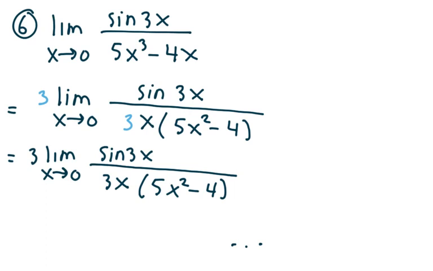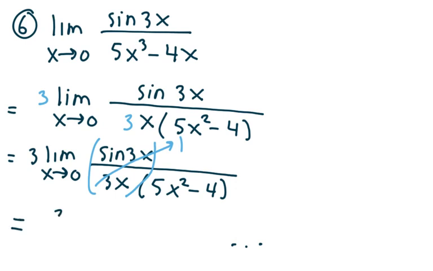But as x goes to 0, this piece goes to 1. Okay? Now I just got to plug in 0 in that 5x squared minus 4. And so what you end up getting is the following.